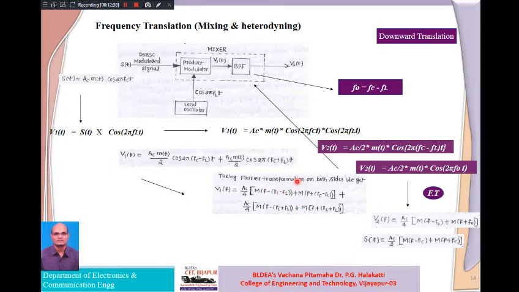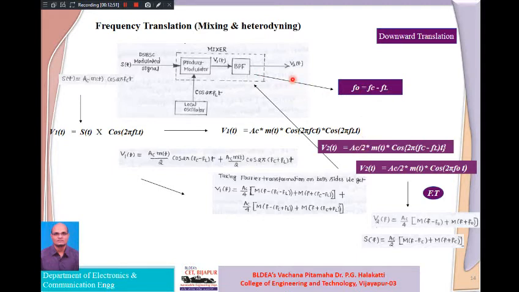So when you apply v1 of t with this frequency spectrum as input to the band pass filter, tuned to fc minus fl, then what are you getting as the output of the band pass filter?